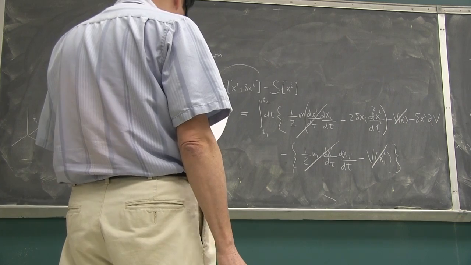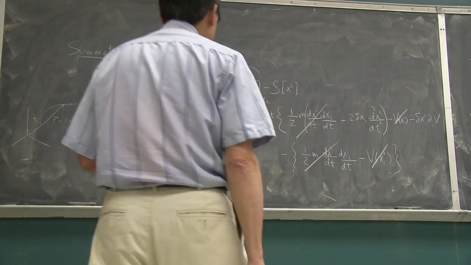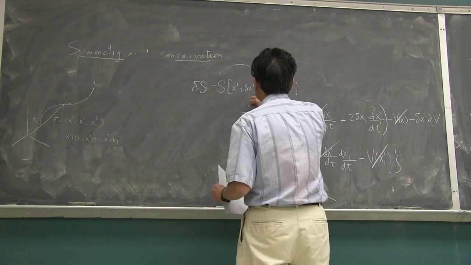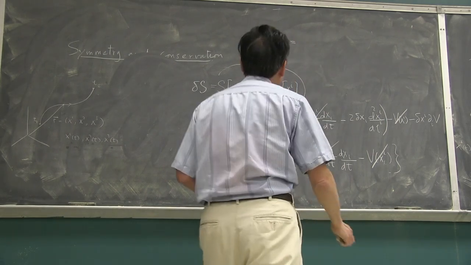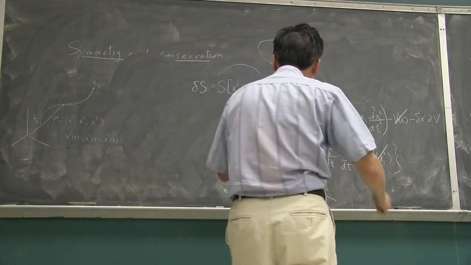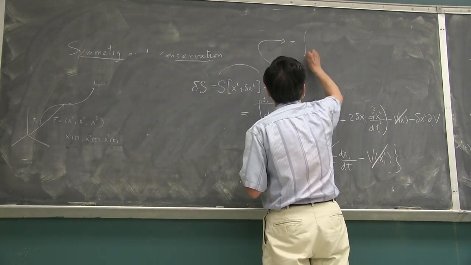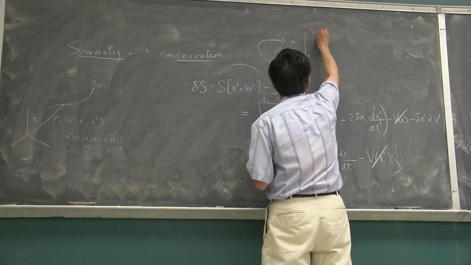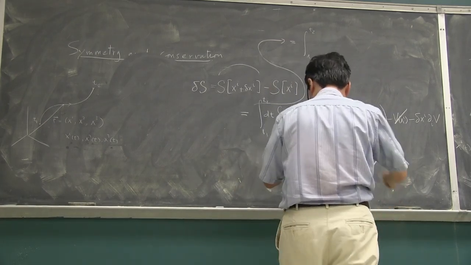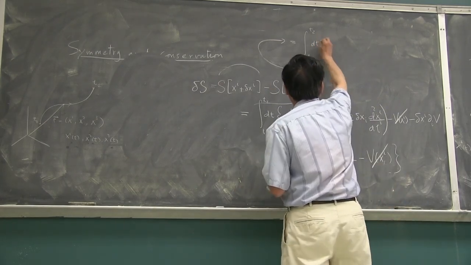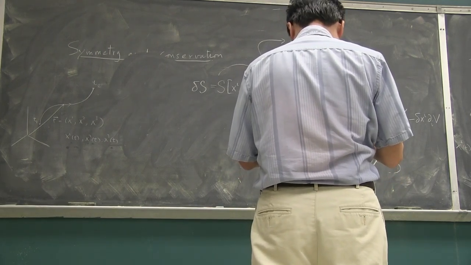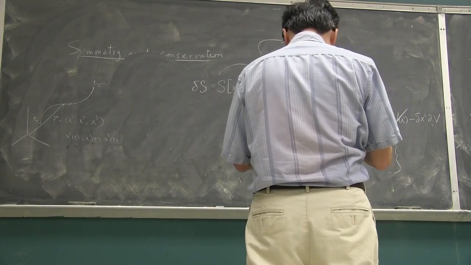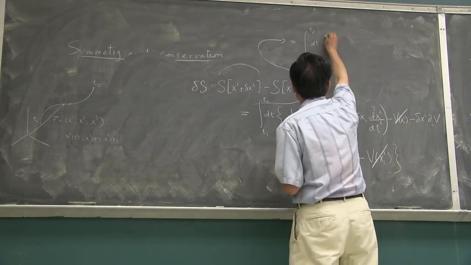Okay, so now I have the following. Let me put the next step over here. So this is the integral t1 to t2, dt. Now, all the terms are proportional to delta xi. Well, let me just write them separately first.